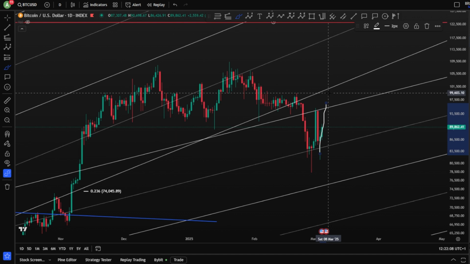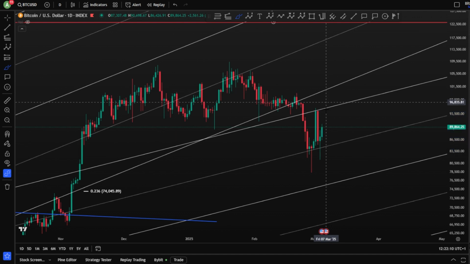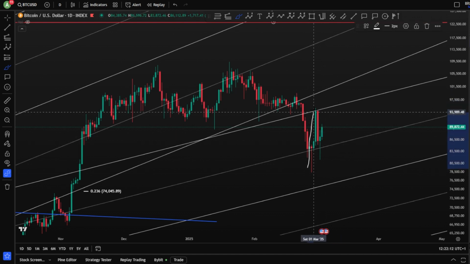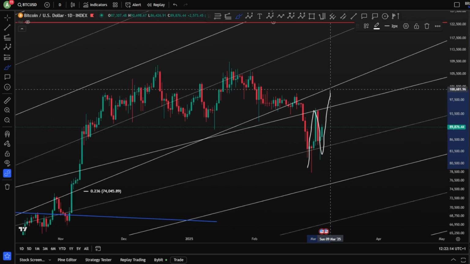Now if the price can break this base channel with an A, B and a C, we have to be careful. Your wave C can reach the 100k.